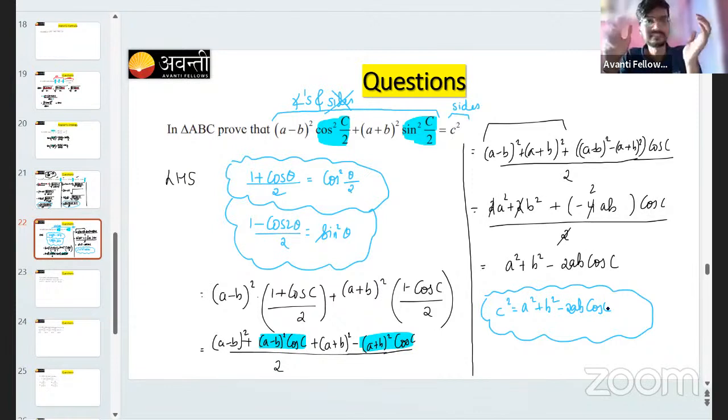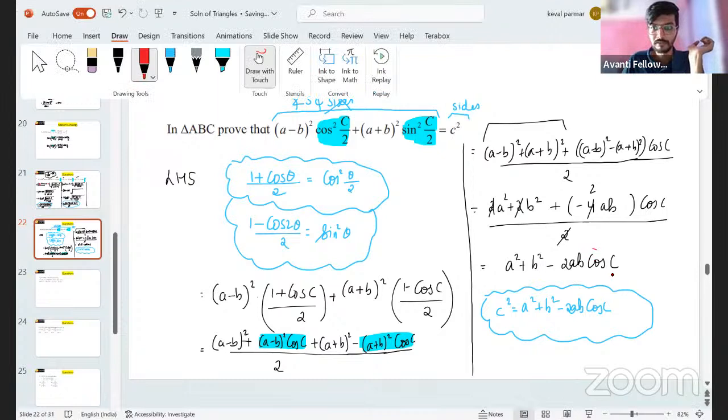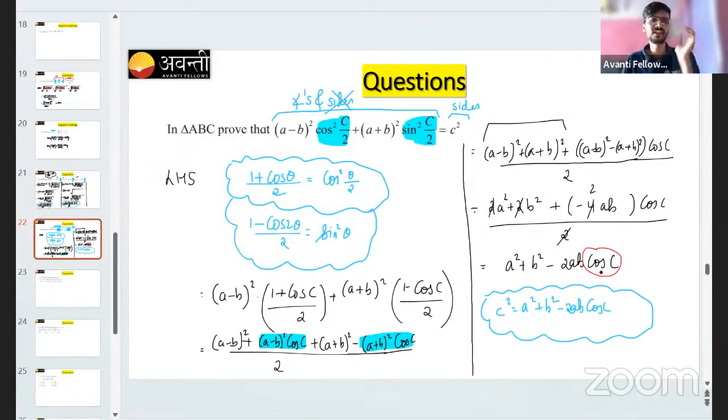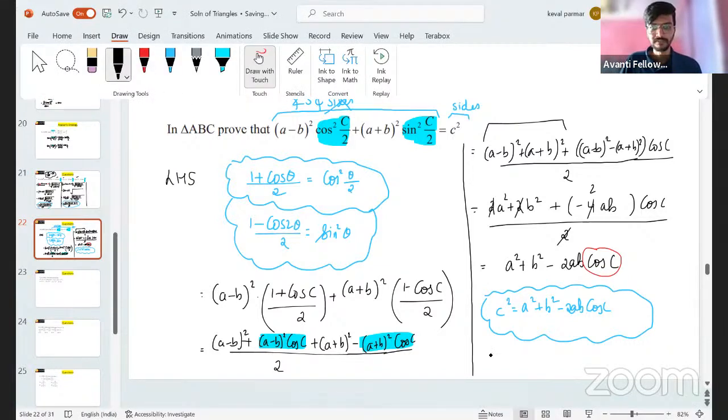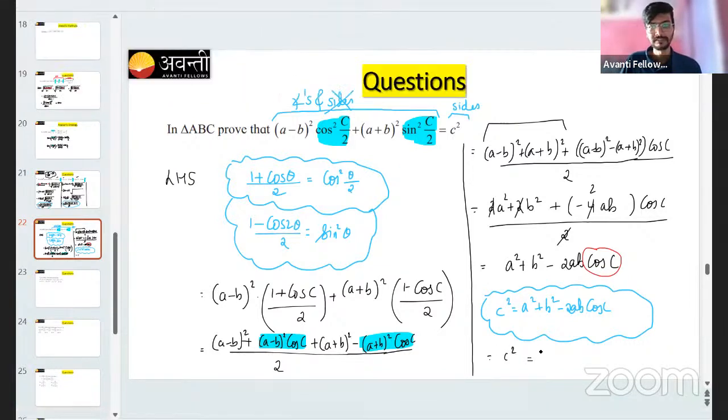Like the second form we do not use mostly, but if you still do not click it, use half angle formula, use cosine rule for this. I can write cos c as a square plus b square minus c square upon 2ab. Anything you can do. So if I use this also, I'll get the same answer. That means this is equal to c square, which is equal to RHS, hence proved.